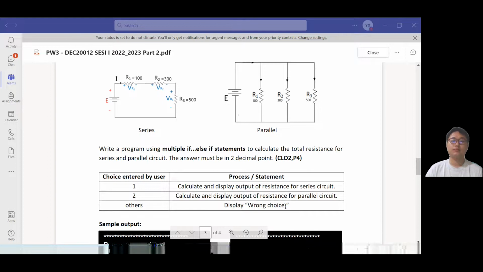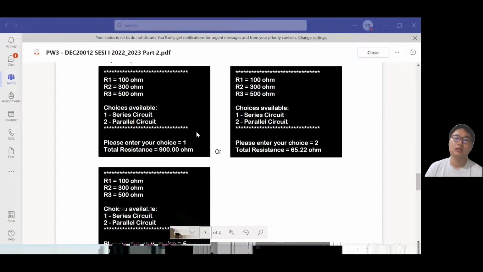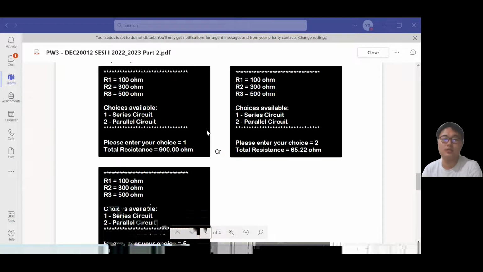So here are the sample outputs. For choice number 1, the value of resistor 1 is 100 ohm. Resistor 2 is 300 ohm, while R3 is 500 ohm. So there are different choices available, 1 and 2.